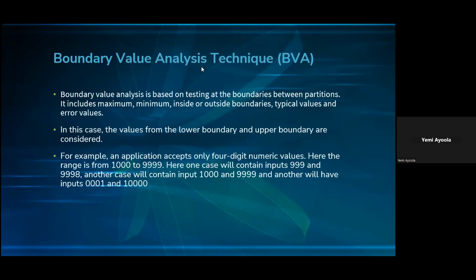Another case, we can do 000 as long as it's 4 digits, and we can do a 5-digit number. That is an example of values that we can test with. Let me now take you to a further example.